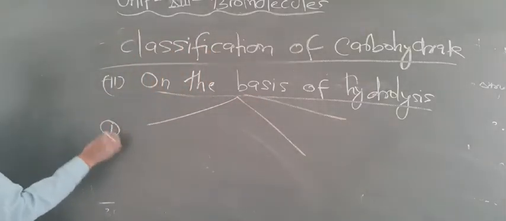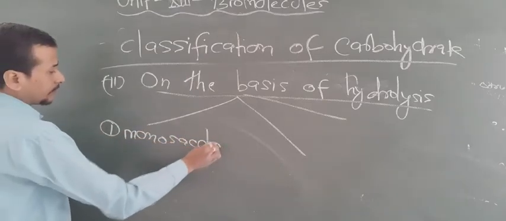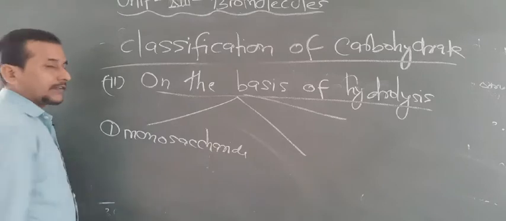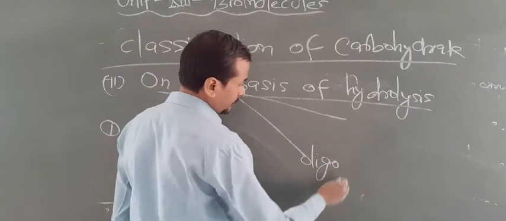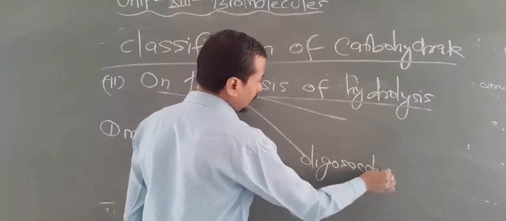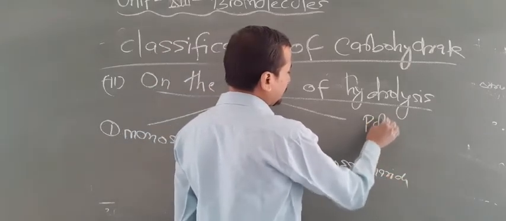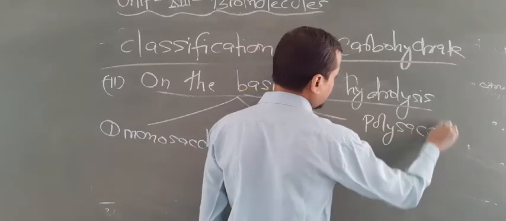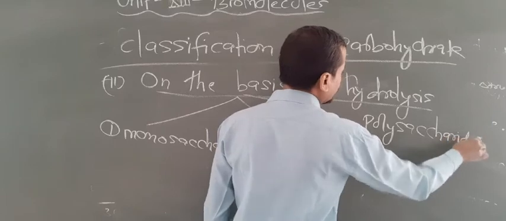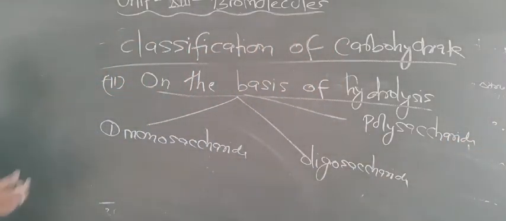One is known as monosaccharide, one is known as oligosaccharide, and one is known as polysaccharide. Okay, so how can you differentiate between the three?